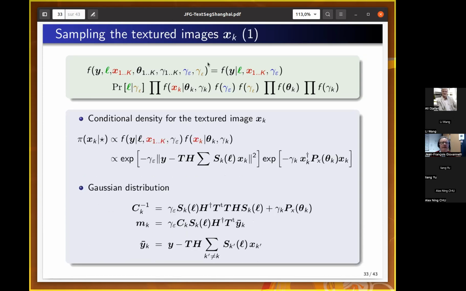Okay. The next one is the true image itself. The capital K true images, the complete unknown true image. We again have two factors, one coming from the likelihood, another one from the prior for the texture image. We have a Gaussian model with this inverse covariance and this mean. And we have a simple Gaussian model, but of large dimension. So it is not so easy to compute a sample of this large scale Gaussian model.